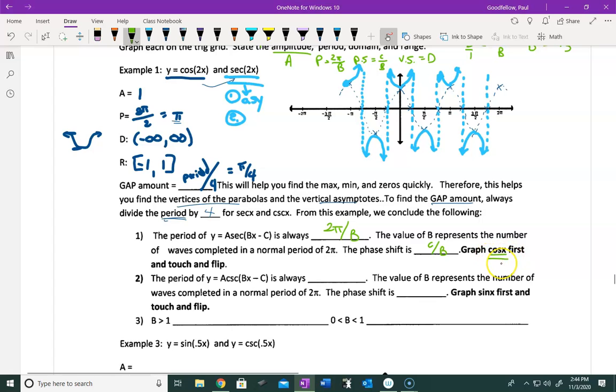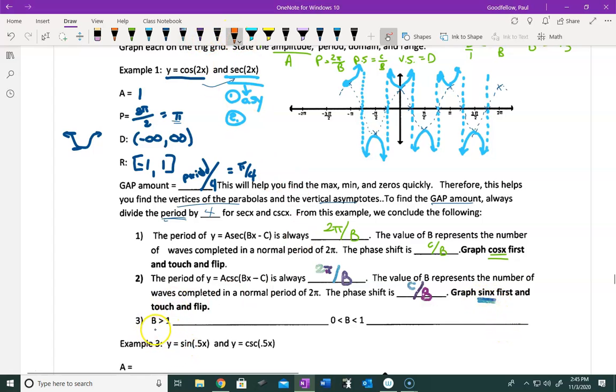But you graph the cosine long before you ever graph the secant, and then you touch and flip it over. Now it'll be exactly the same idea for the cosecant graph, which would be 2 pi over b as well. The b value still represents the number of waves, and the phase shift is still c over b. But you look at a sine wave before you ever give it a shot.